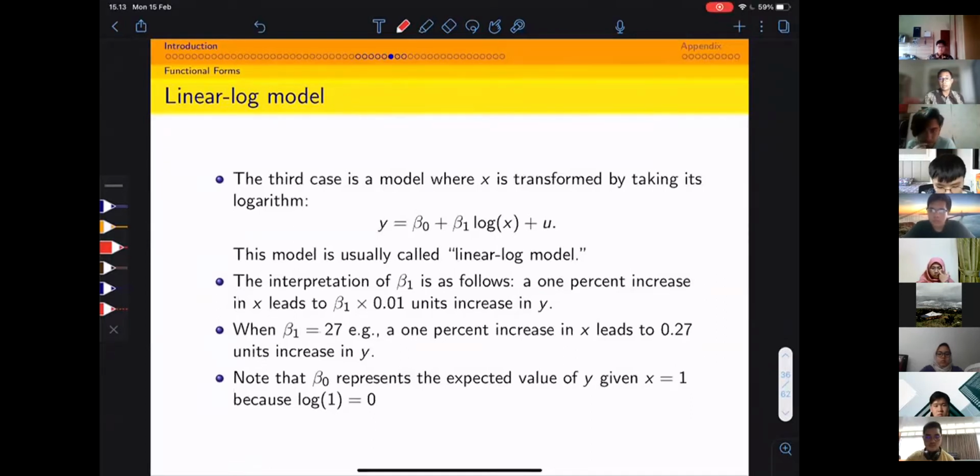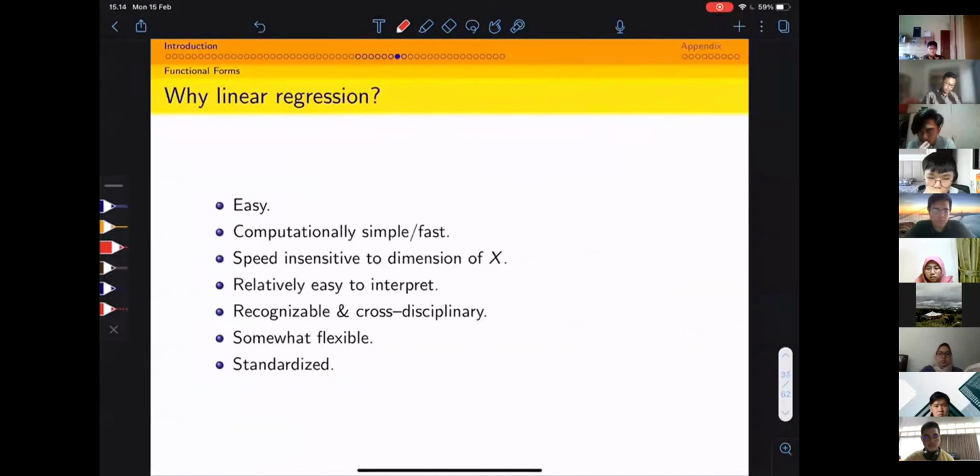The interpretation is the following: a 1% increase in x leads to beta 1 times 0.01 units increase in y. Suppose that beta 1 is 27, then a 1% increase in x leads to a 0.27 units increase in y. That's the interpretation of the linear-log. Note that beta 0 represents the expected value of y given x equals 1, because log of 1 is 0.